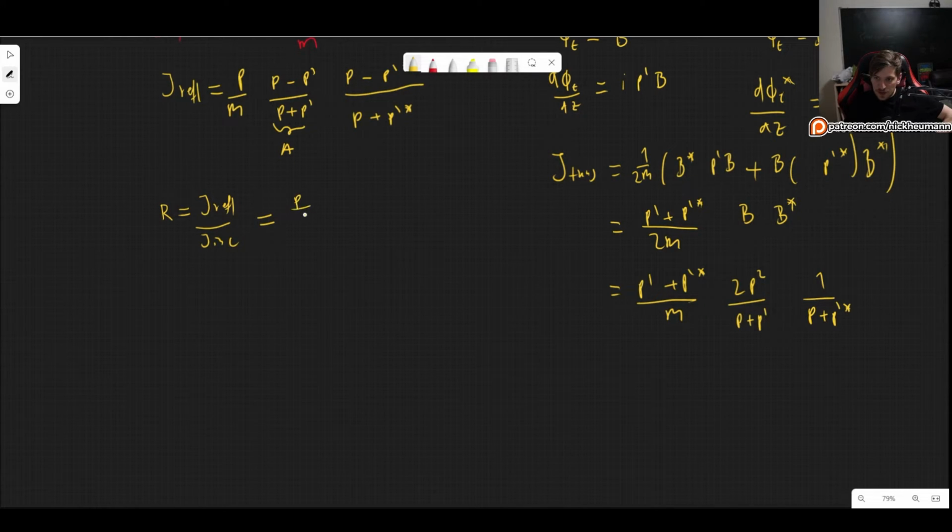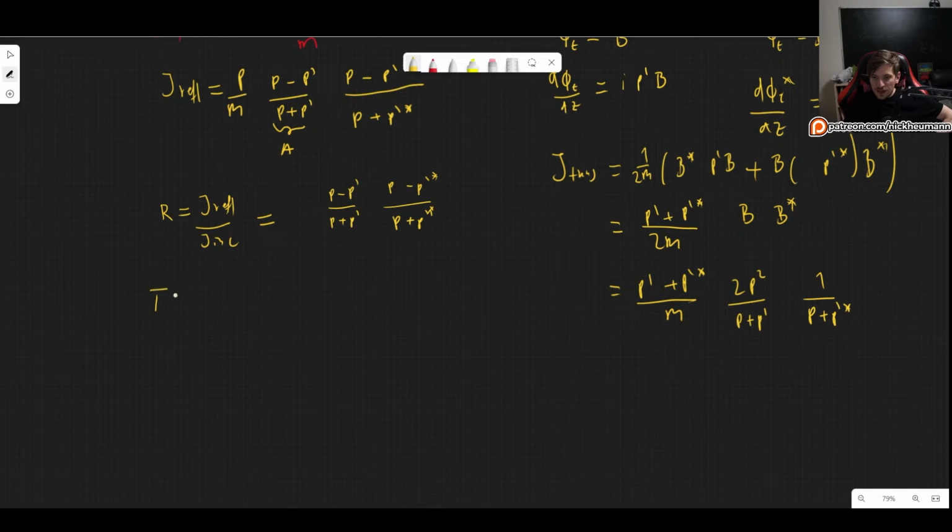It is p over m times p minus p prime over p plus p prime, times p minus p prime conjugate over p plus p prime conjugate. Then we still have to divide by the incident one, which is p over m. But p over m will simply cancel out.